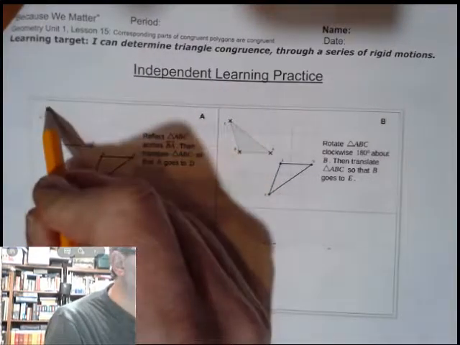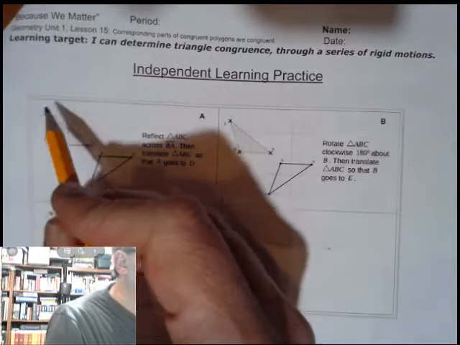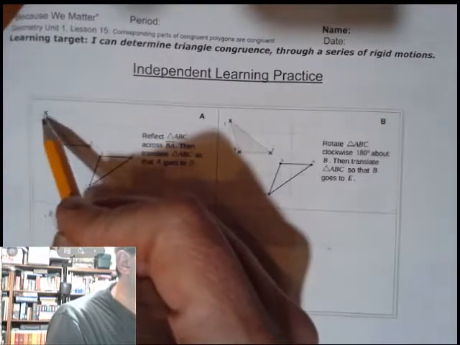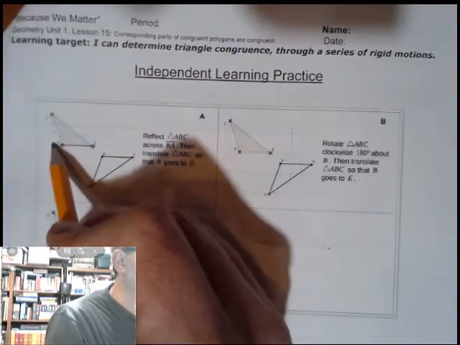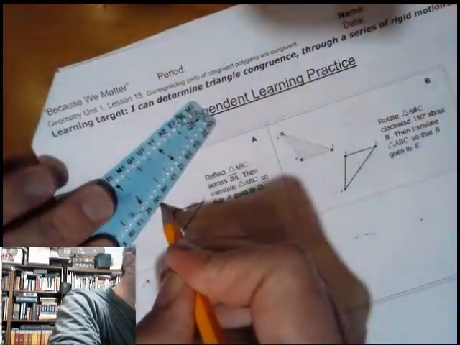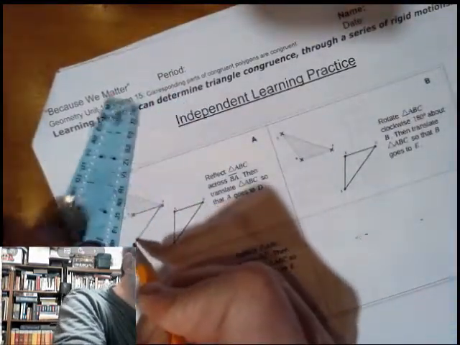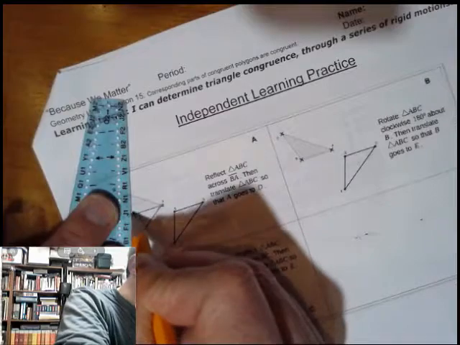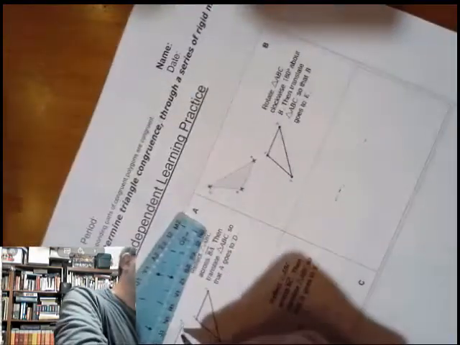The only one I need to reflect is point C. Point C is 1, 2, 3 points away from this line, so it has to go 1, 2, 3 points right there. So my new triangle is going to be right there, if you can see that.